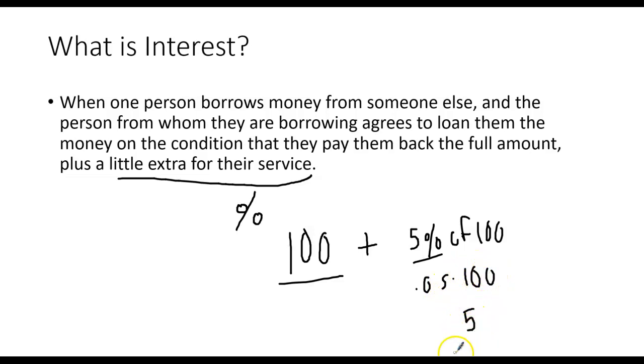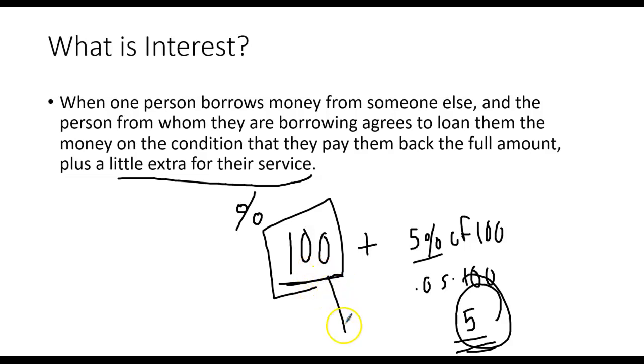So basically, here's the fee they're charging you to loan you the money. So they're giving you $100, and then they're going to charge you an additional $5 for the service. And so since you had to borrow money, when you pay them back, you're not going to pay them back just $100, you're going to pay them back $105. And that's what we call interest, is whenever you owe somebody some money like that.